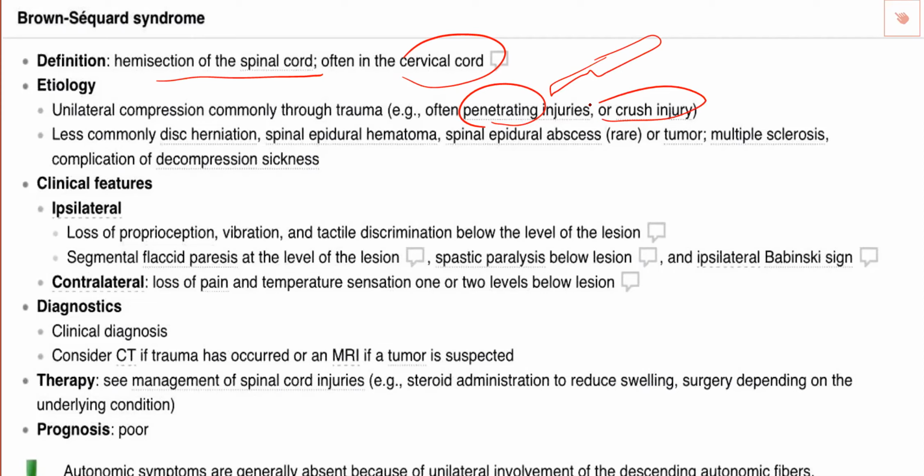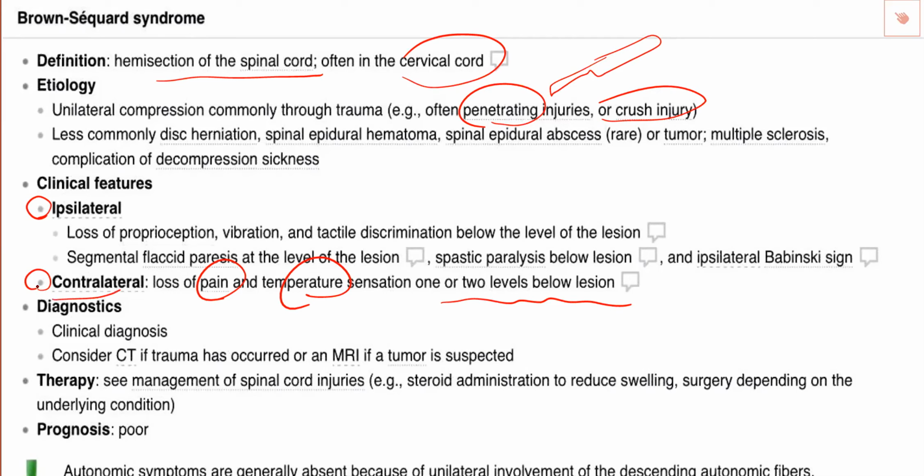Maybe disc herniation, lateral one, spinal epidural hematoma, spinal epidural abscess, or tumor, multiple sclerosis, or complications of decompression sickness. Brown-Sequard syndrome will have two variants: contralateral loss of pain and temperature due to affection of the lateral spinothalamic tract.